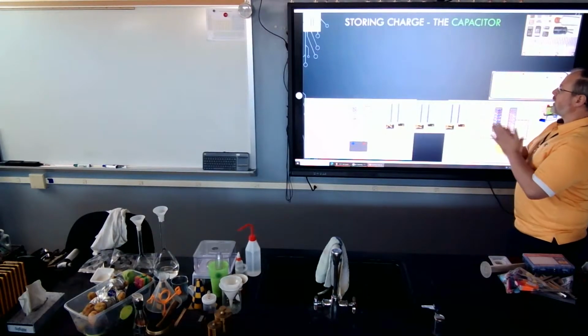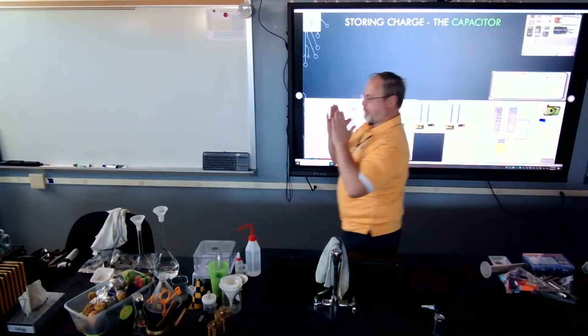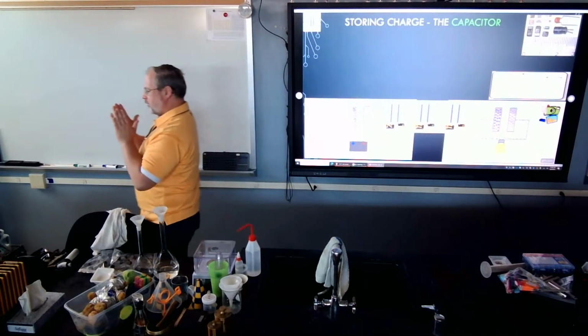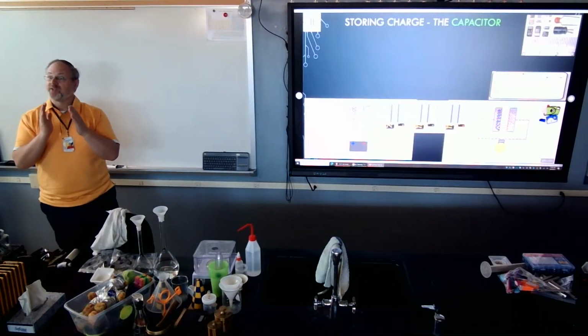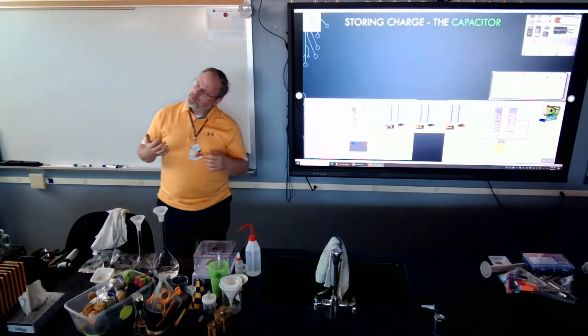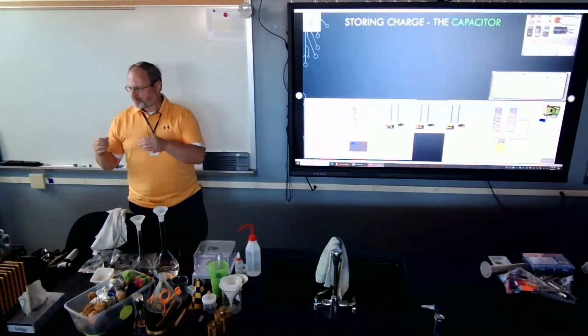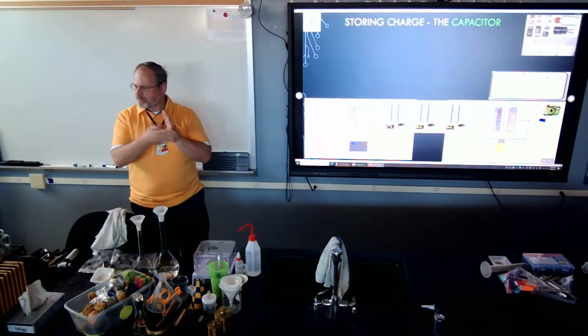All right, so let's talk about the capacitor. This is how a capacitor works. You have 2 pieces of metal, and you connect to them a voltage source, what we call potential. By the way, when we're talking about current, you have to have a voltage source or a potential source. That's like a pump that pumps the charge in one direction.